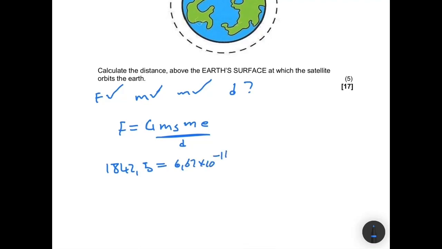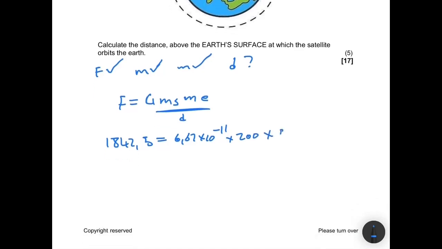So now the mass of the satellite is said to be 200 kgs. And then the mass of the Earth, right? 5.98 times 10 to the 24, divided by the distance between them, right? So we have distance squared, right? So now we're solving for the distance squared.